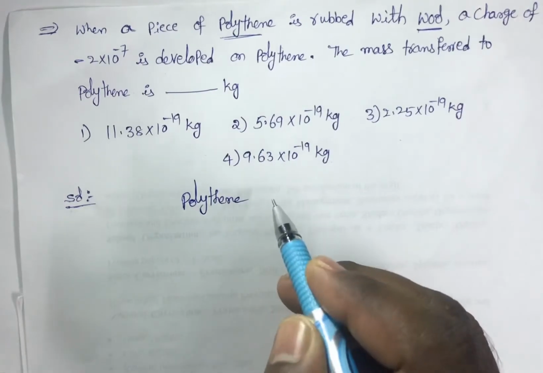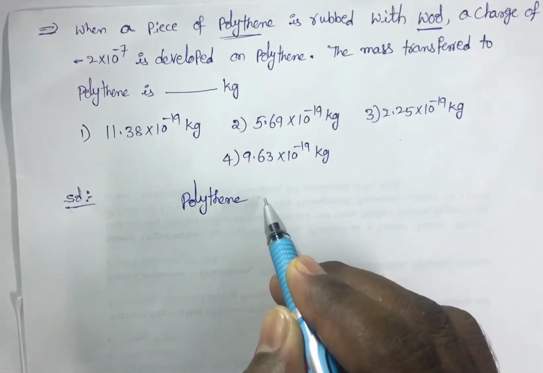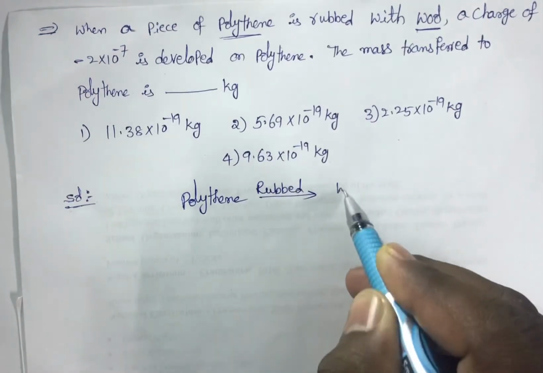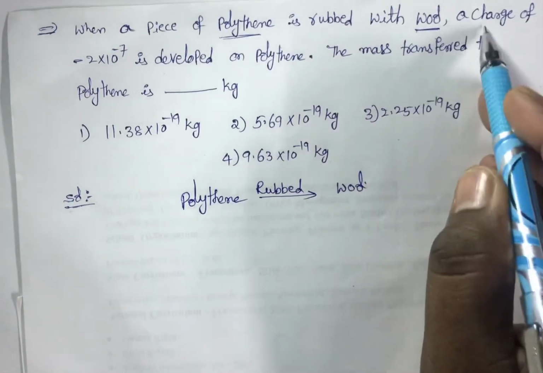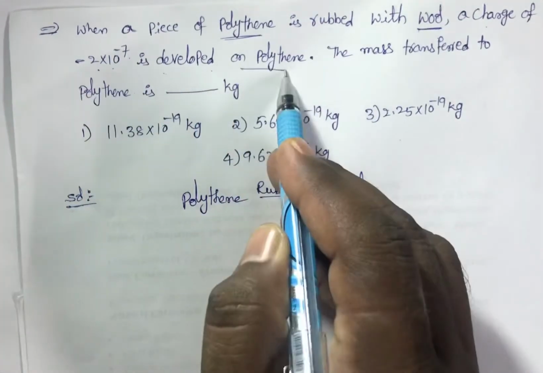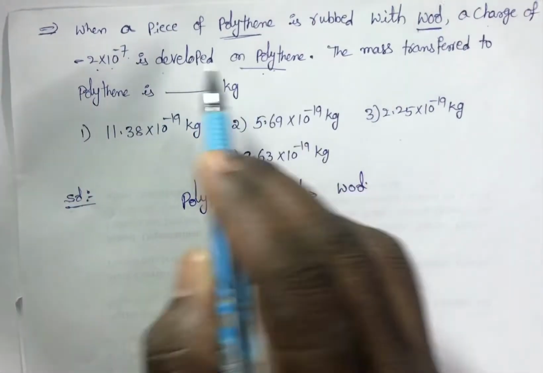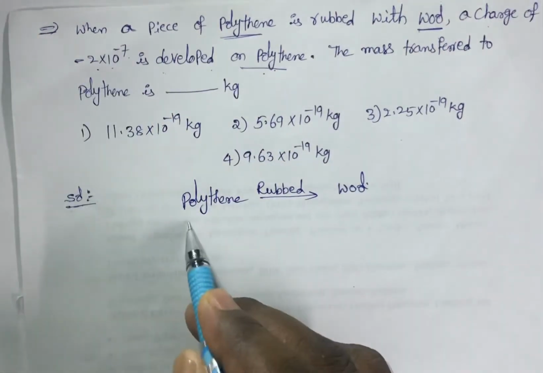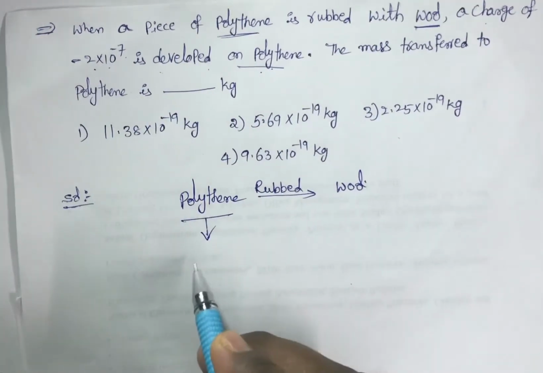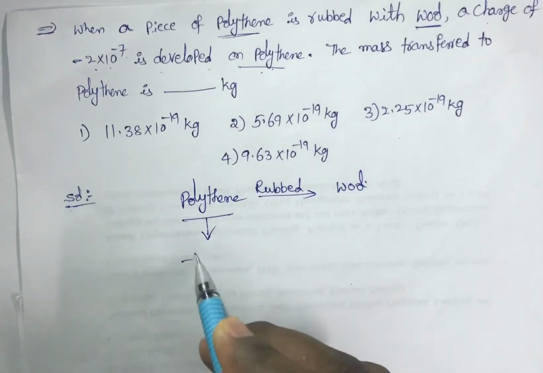According to the electric charge concept, polythene is rubbed with wool, and a charge of minus 2 into 10 to the power of minus 7 is developed on polythene. That means polythene is gaining a negative charge.